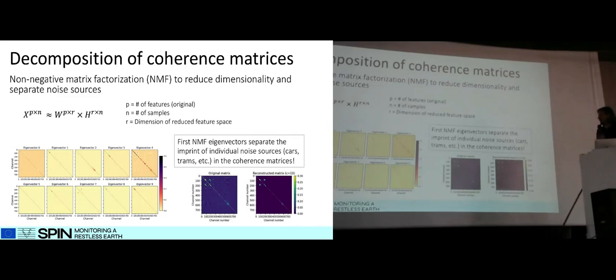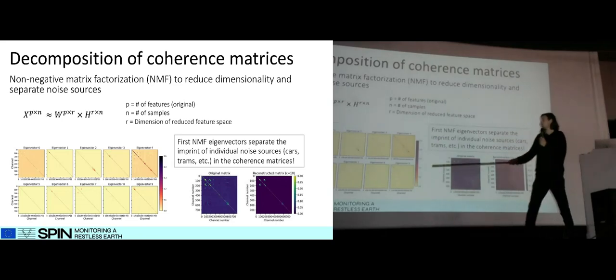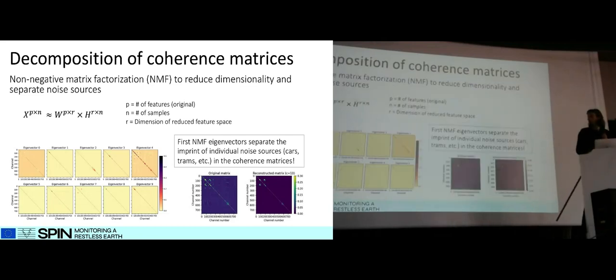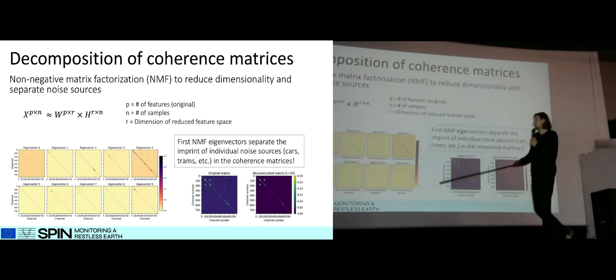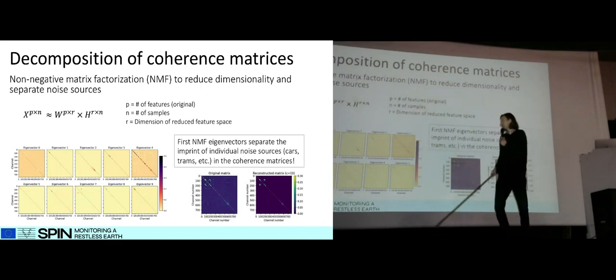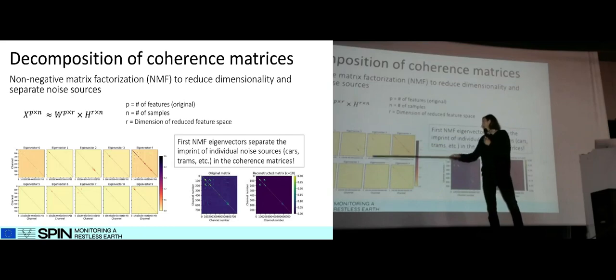What we can see is that for this data set, if we deconstruct it and use a rank of 10 to approximate it, then in a lot of these eigenvectors we actually see some sources. For example, here this corresponds to the tram signal, or this is a street up in Fontaine.